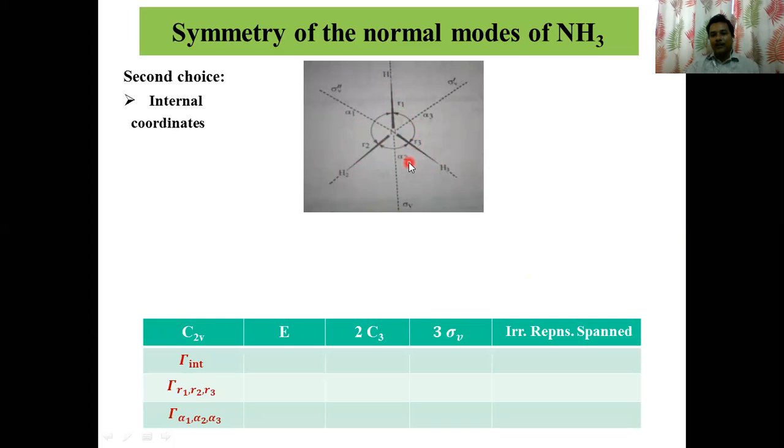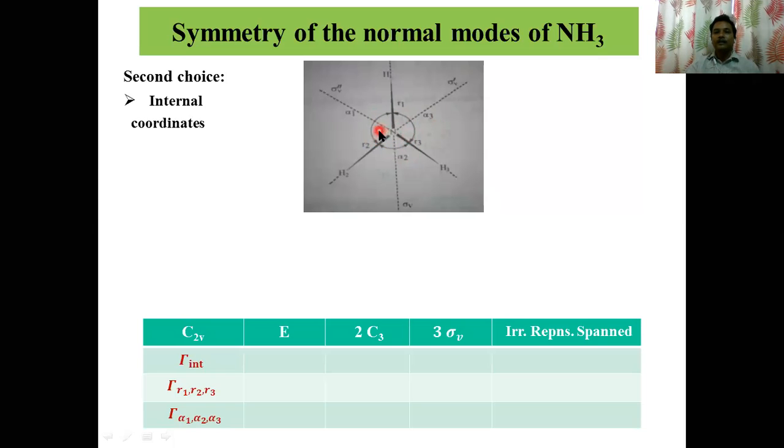So now that my number of variables are less, only 6, maybe I can think about going through the matrix representations, right? Also another reason is that, if we look at this R1, R2, R3, and alpha 1, alpha 2, and alpha 3, the bond vectors don't get interchanged with the bond angles.